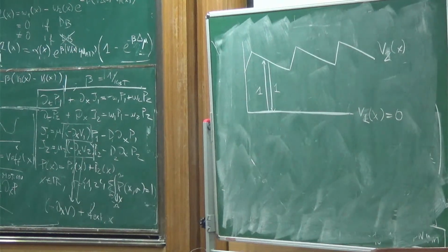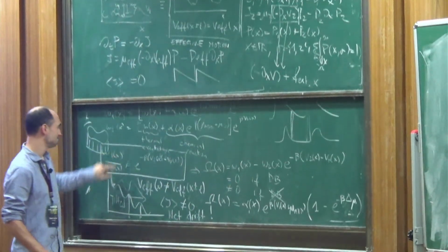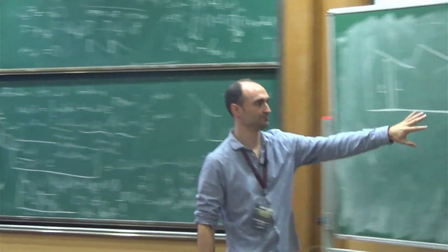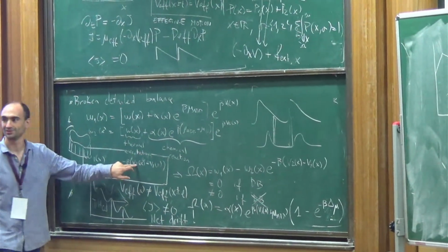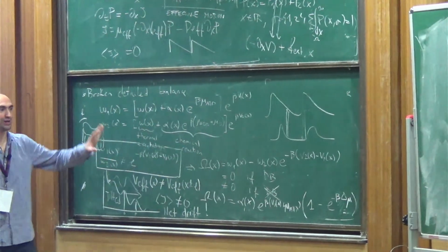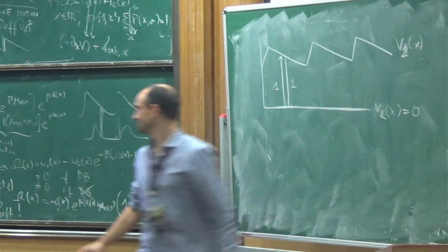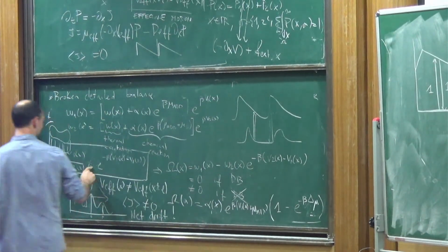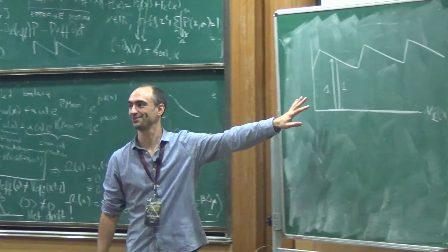So if you come here, you have V2(x) is 0, V1(x) is 0, so you put it here at 0. V2(x) is whatever you want, but this is not equal to 1. So here you will have 1 divided by 1. It's not going to be 2. You will have this. So this will break the thermodynamics already.